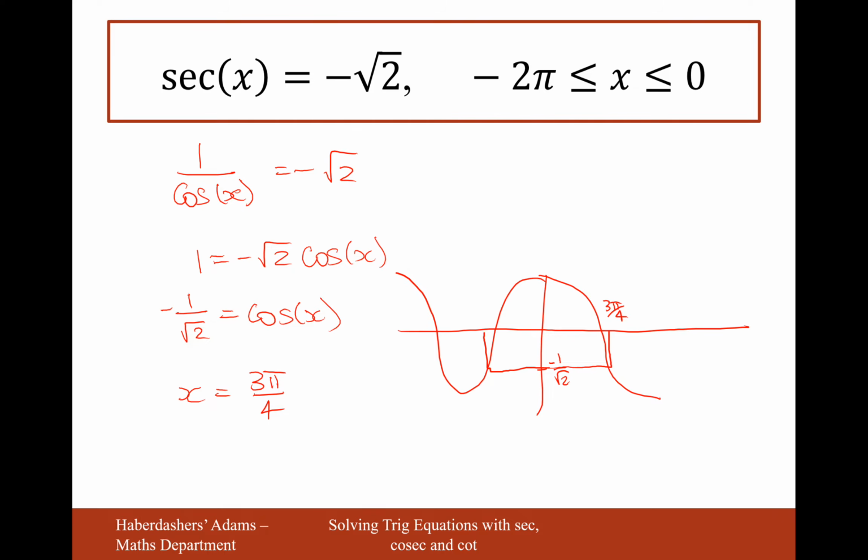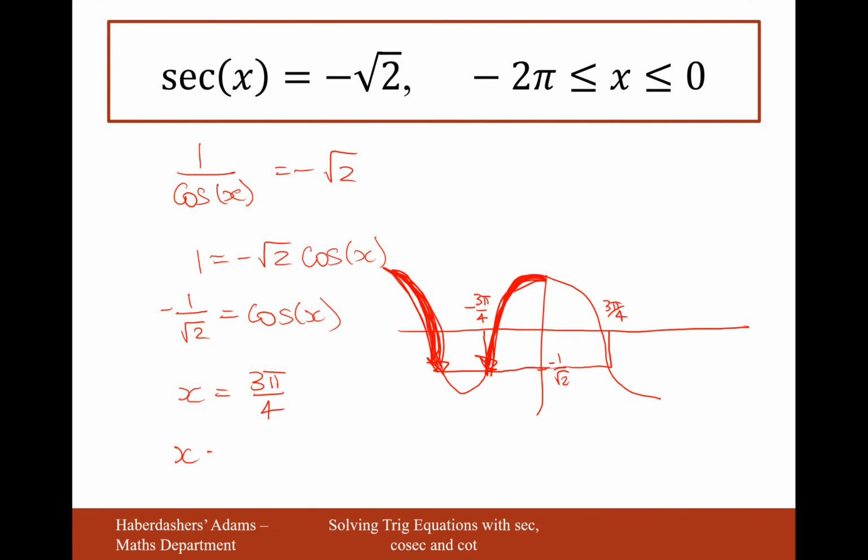So the first solution that I'm going to work out here will just be symmetrically on the negative side of this curve here. So it would be 3 pi by 4 downwards in the negative direction instead of going downwards in the positive direction. And now I'll come forwards by 2 pi, forwards from minus 2 pi to get to the next solution.